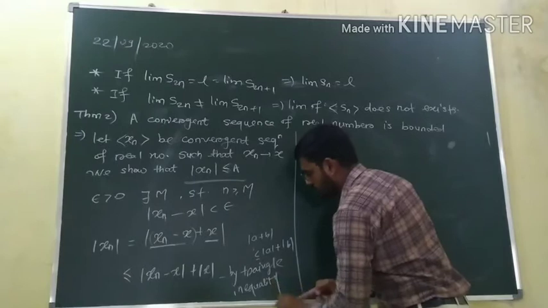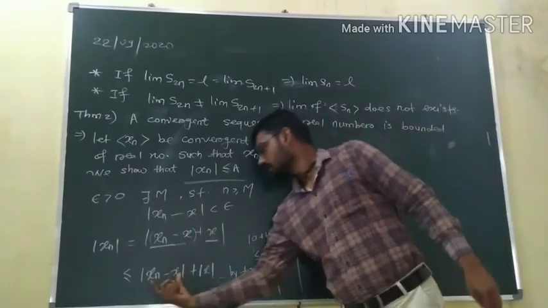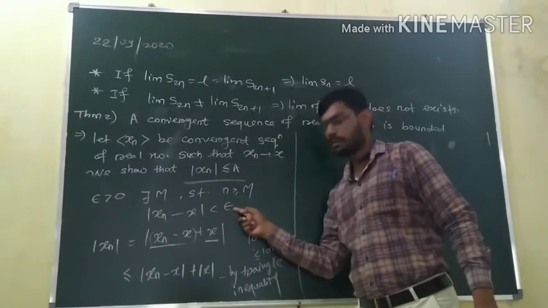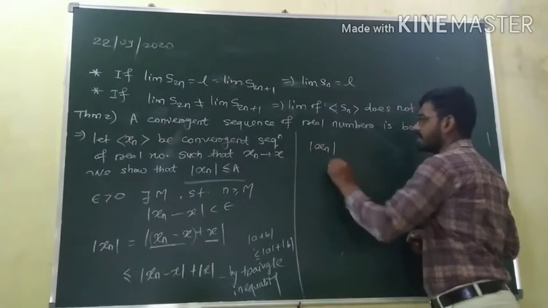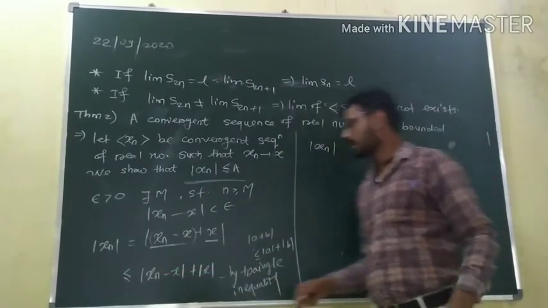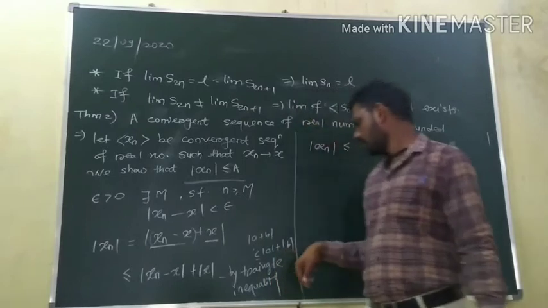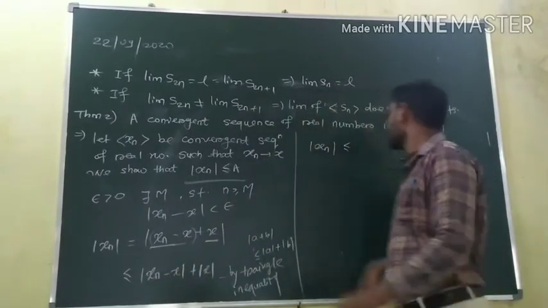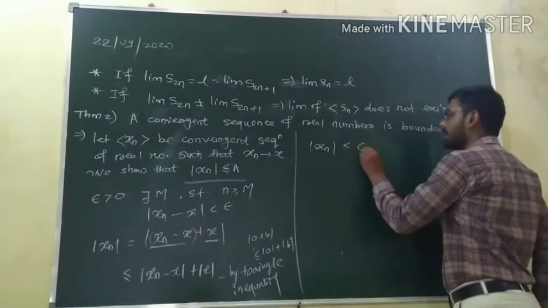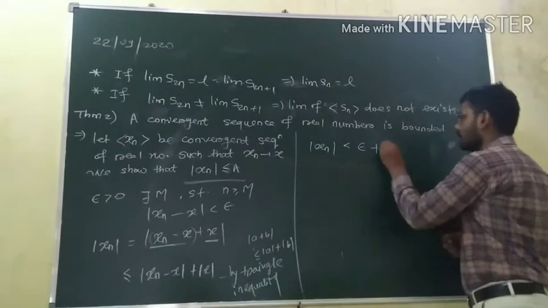Now we already know that mod of xn minus x is strictly less than epsilon, so mod of xn is strictly less than epsilon plus mod of x.